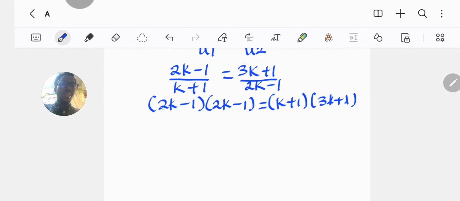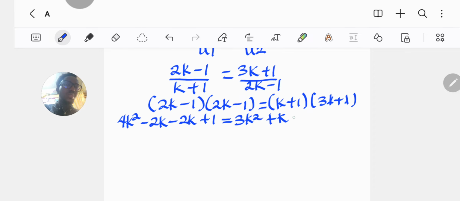Alright, so if we multiply, 2k times 2k is going to give us 4k squared. 2k times minus 1 gives us minus 2k. Minus 1 times 2k will give us minus 2k. Minus 1 times minus 1 will give us plus 1, equals k times 3k will give us 3k squared. k times 1 will give us k. 1 times 3k will give us 3k.